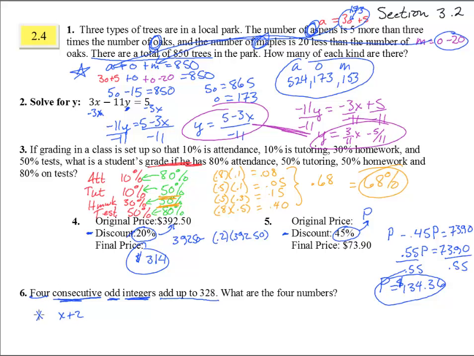If we were at 23, we'd add 2 to get to 25. So now we've got to add another 2 to get to the next one up, and then another 2 to get to the next one up. Consecutive odd means that we're going to add 2 to get to the next one.